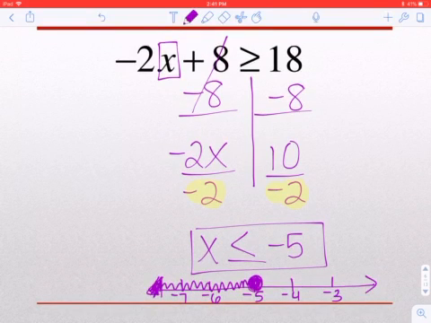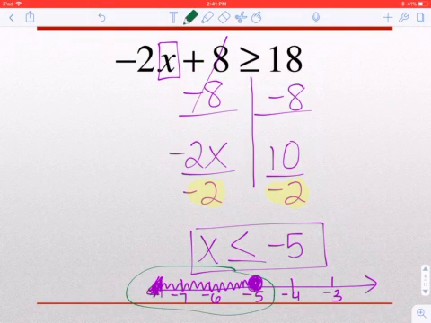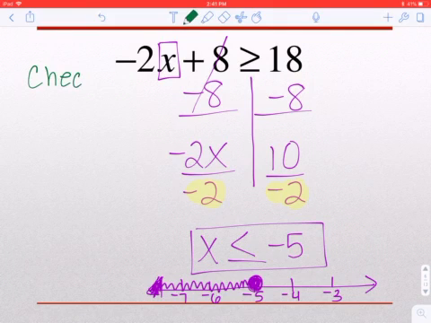One way that you can check these is to plug in your solution into your original inequality. So for example, if I choose anything to the left of negative 5 or less than negative 5, I can plug it into my original inequality to see if I get a true or false statement. So I'm going to check using negative 7 since I shaded over negative 7.